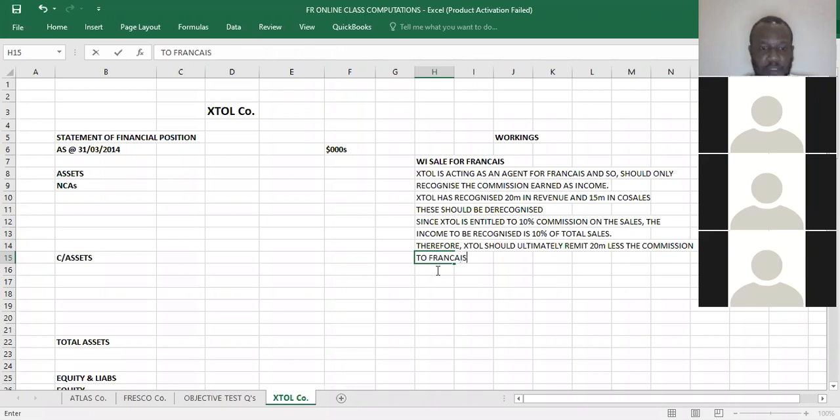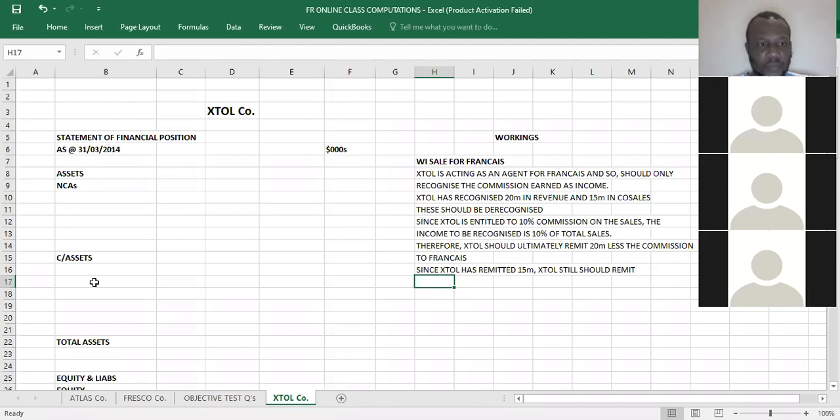Now, XTOL has remitted how much? 15 million, that's what was called cost of sales. XTOL still should remit. Removing the 10% commission from 20 million, it should have remitted 18 million. So it should remit 90% of the 20 million.